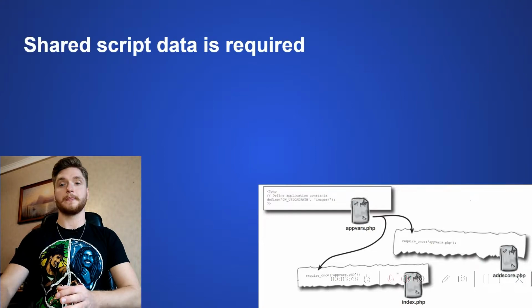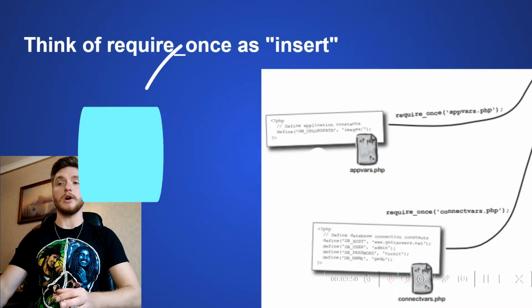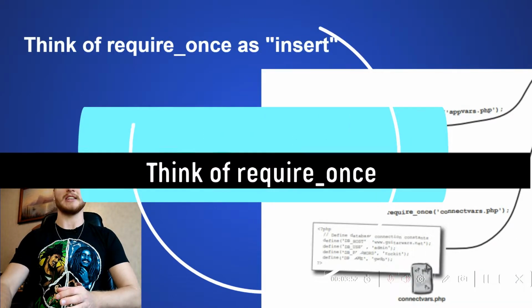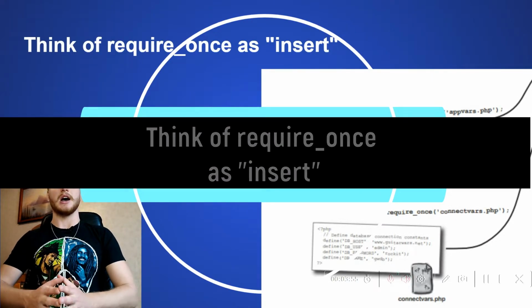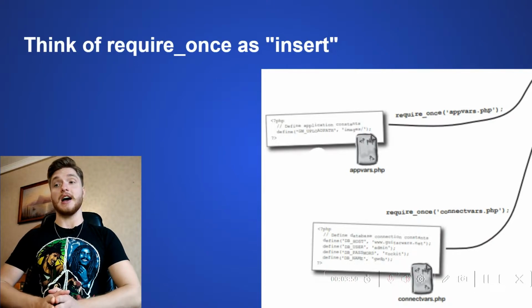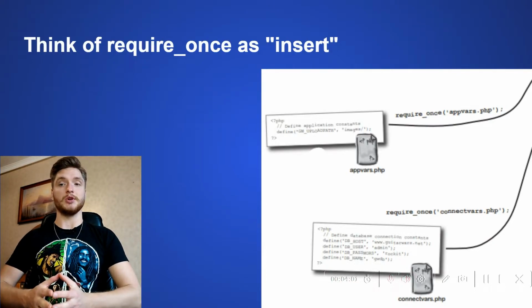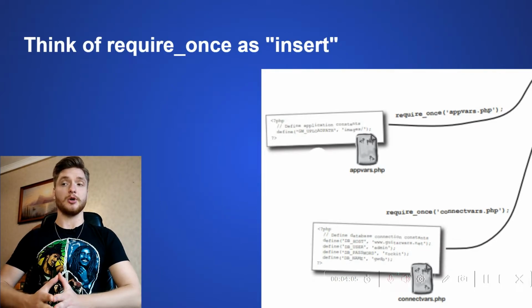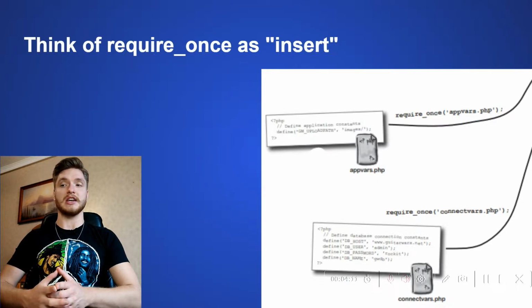So, think of require_once as insert. Includes are limited to one shared PHP file and they can appear anywhere you want within a script. You can think of the require_once statement as an insert statement that gets replaced with the contents of the script file it references.